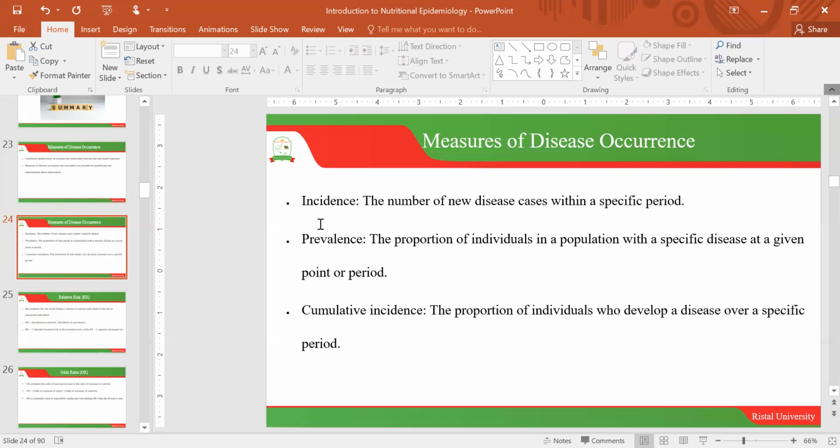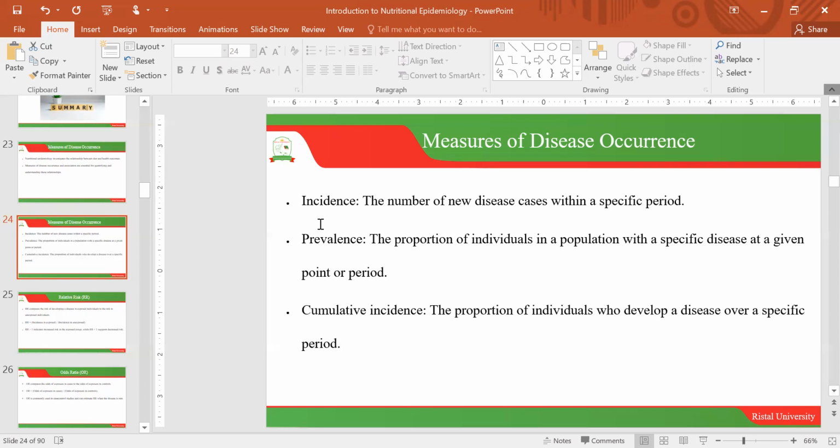Often we have two major ones that we actually use, but of course there are others that we have not included in here. The two major ones are incidence, which is basically the number of individuals with a new disease.